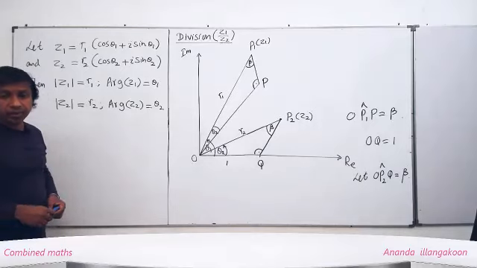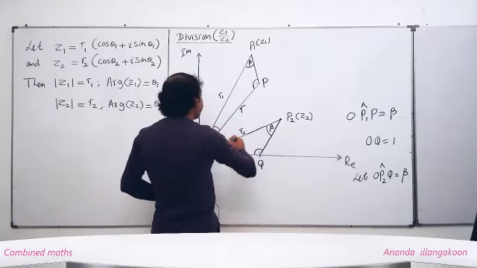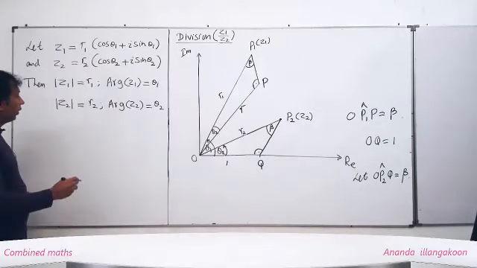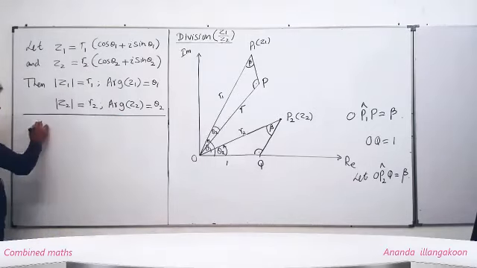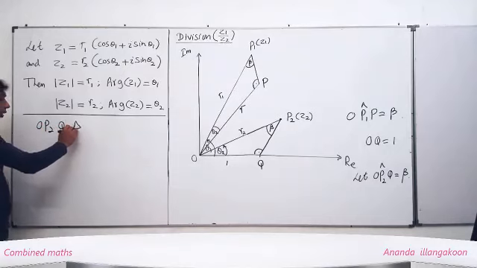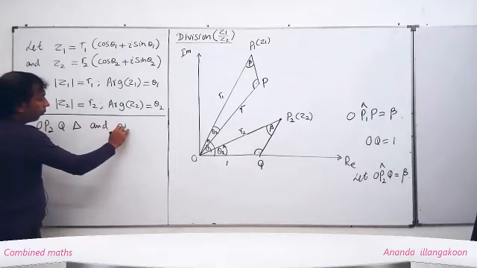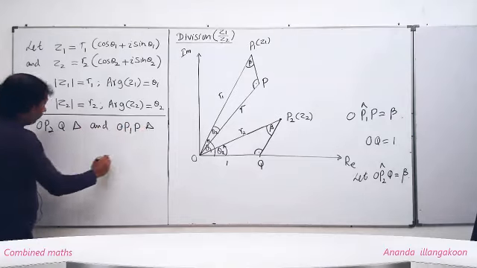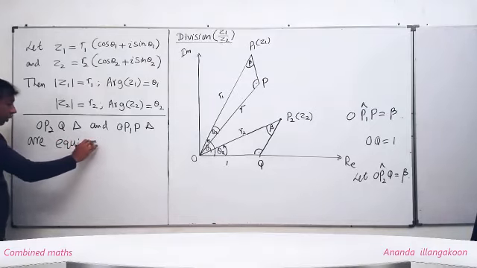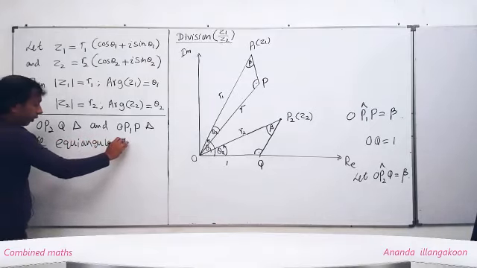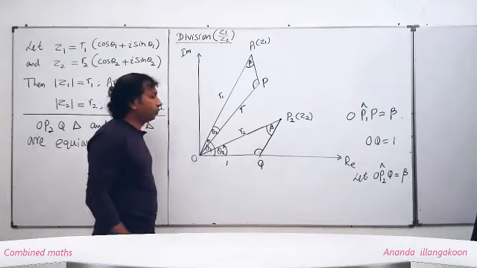We can roughly prove this, people. If I take this length as R, now you can write by the diagram, triangle OP2Q and triangle OP1P are equiangular triangles, or similar triangles.